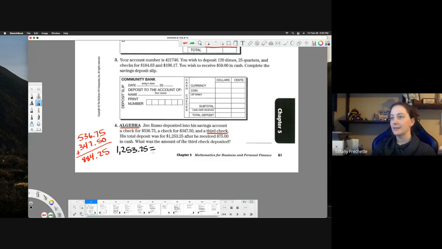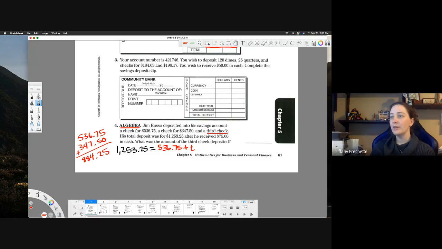Geez Louise. I'm just saying all kinds of fun stuff. So checks that we know about are $536.75 plus, and I'm just going to go T for a third check, okay? Just because for whatever reason that helps me remember it's the third check.